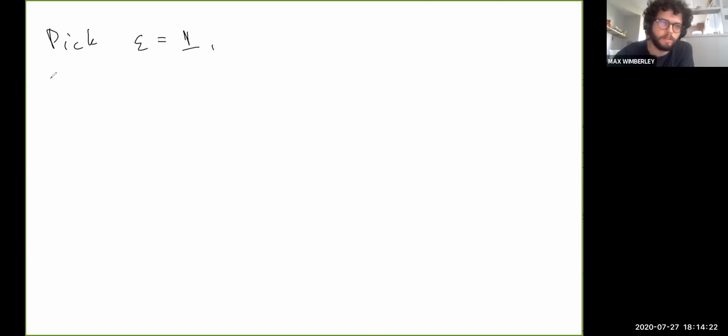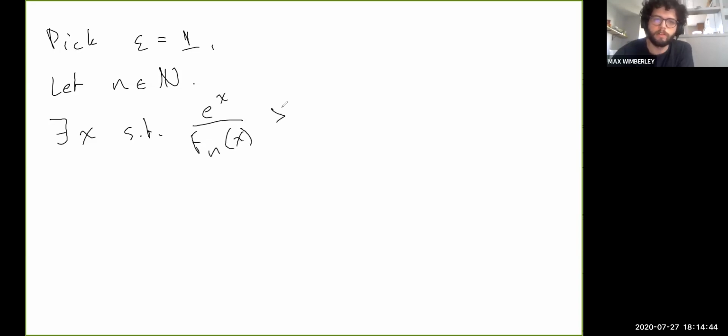Then let n be given. What I'm going to do is show that there exists an x such that e to the x over fn of x is greater than 2, let's say.